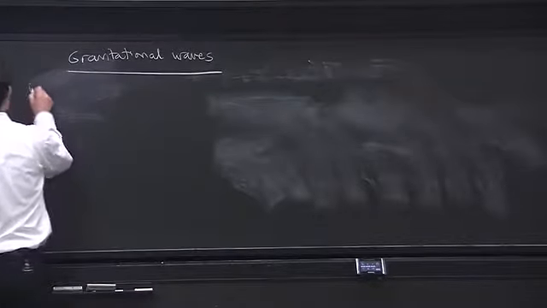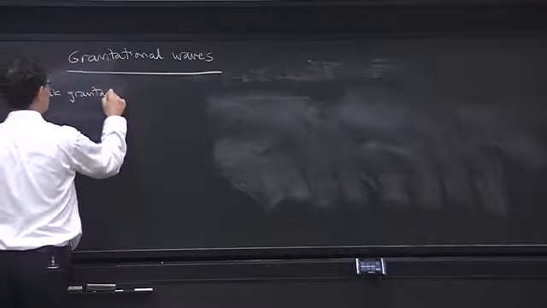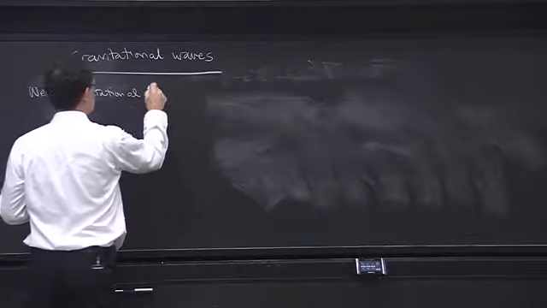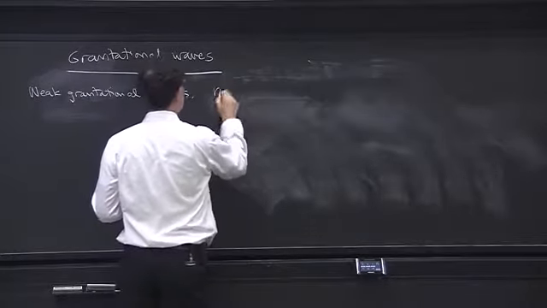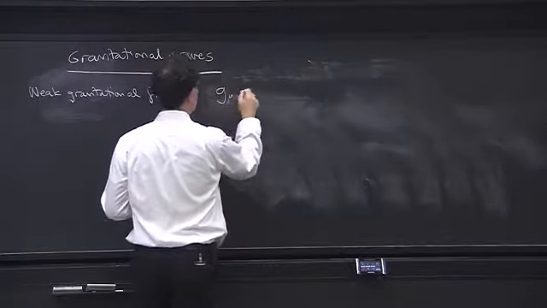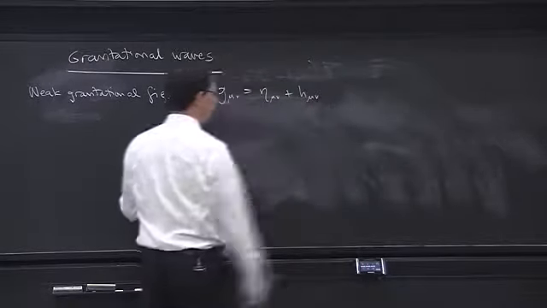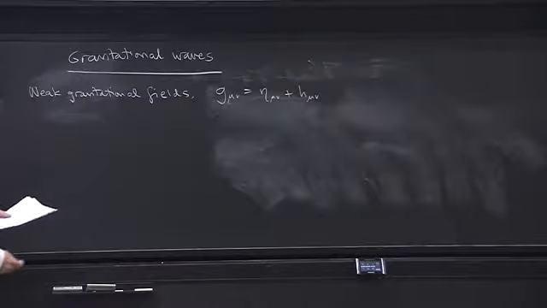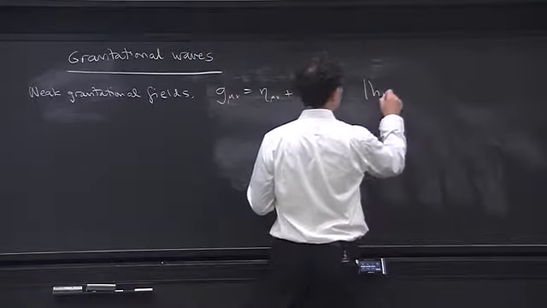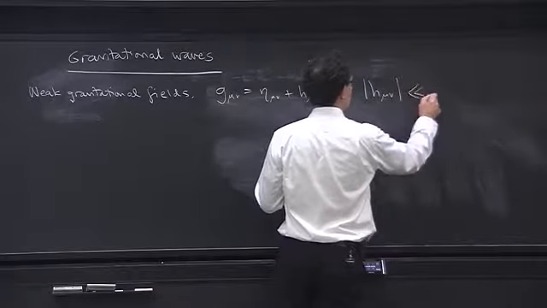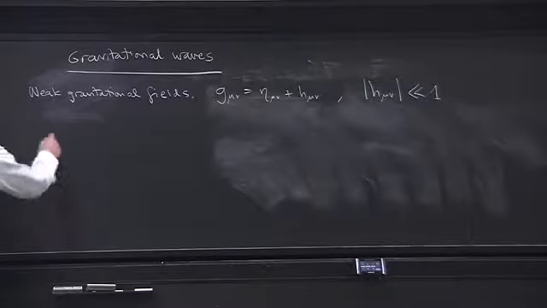So let's take the weak gravitational field. By that, we just mean that g_{μν} is the Minkowski metric plus h_{μν}, and h_{μν} is small. The magnitude of h_{μν} is small, and so we just work to first order in h_{μν}.